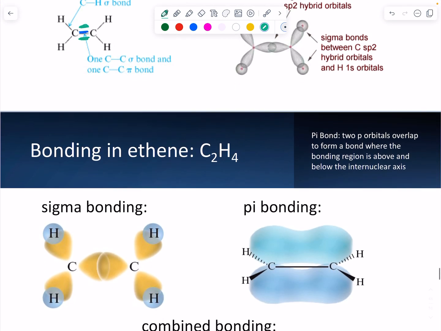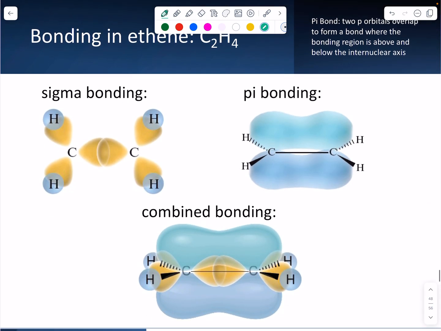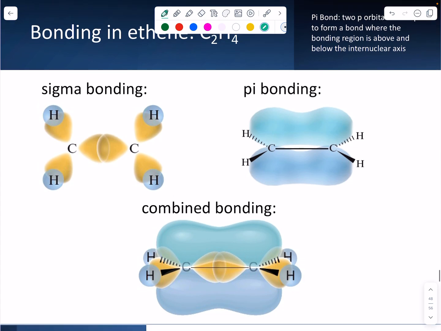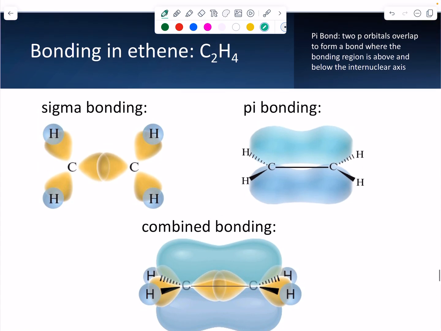Here we can see it a little more realistically than what I scribbled on the previous slide. If we have ethene, to remind you what the Lewis structure looks like, we've got a double bond between the two carbons.